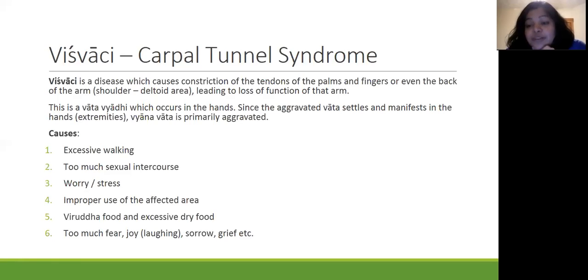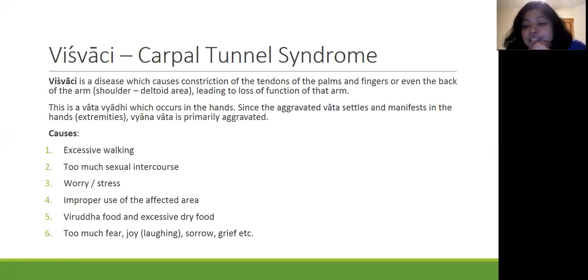The causative factor is that which aggravates Vata. So Vata gets aggravated, then it looks for the weakest spot in the body. Remember, we had this discussion as well. And then according to the weakest spot, or the place where you use that spot more often, that's where the Vata will settle and it will start to create symptoms. It will start to create a disorder or a vikriti, okay?